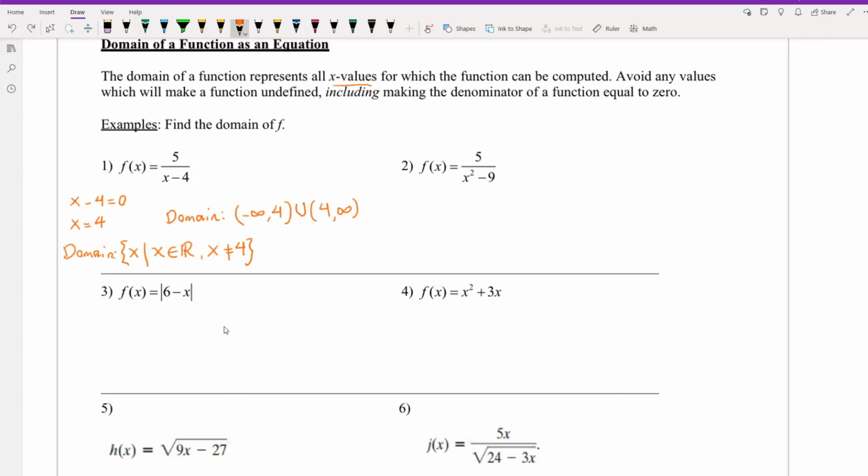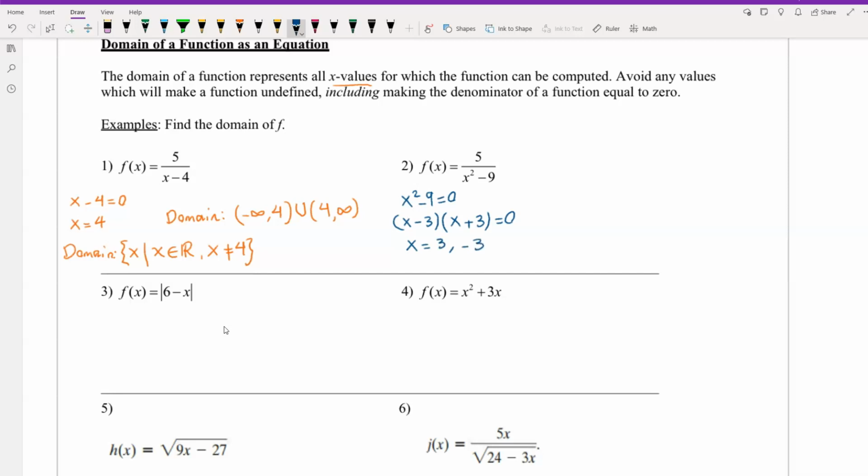Number 2, 5 divided by x squared minus 9. So again, same thing, finding x. Here x squared minus 9, that is x minus 3 times x plus 3 equal to 0. X is 3 and negative 3.